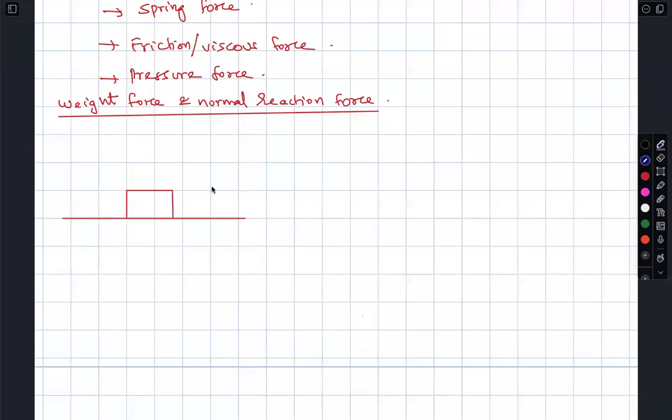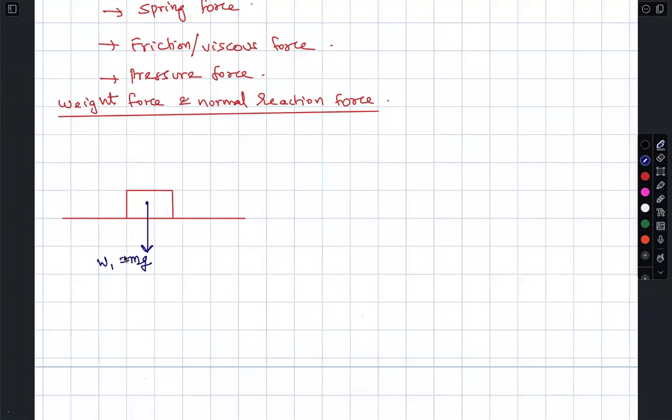Now, this block will experience a downward pull by the Earth's gravitational force, which we will call weight, mg. But the question is, the block is still at rest on the floor. How is this possible? Tell me. How is this possible?